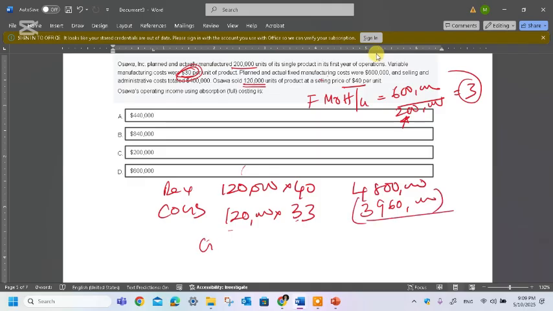So you get gross profit 840,000. Administrative cost 400,000. Subtract that 400 also. 440.